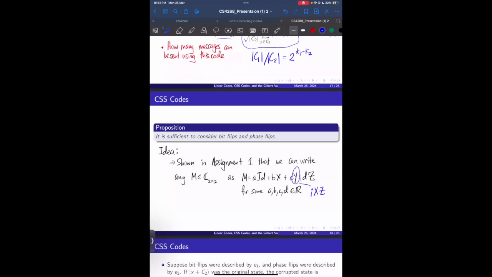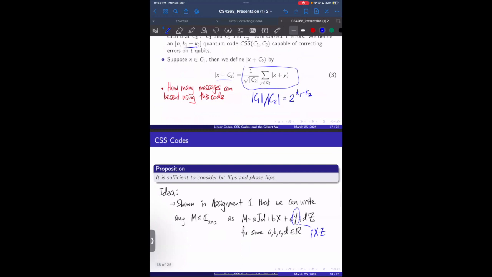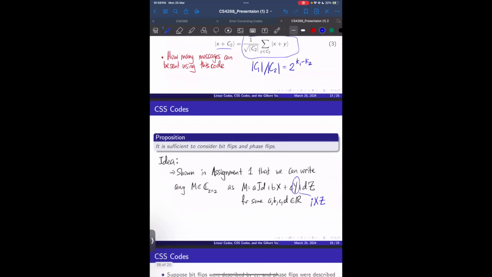Whatever error is applied on the following state is actually just a bunch of either bit flips or phase flips. So at the end of the day, it is sufficient to just consider bit flips and phase flips. And this is good, because we know exactly how to do and undo them easily.